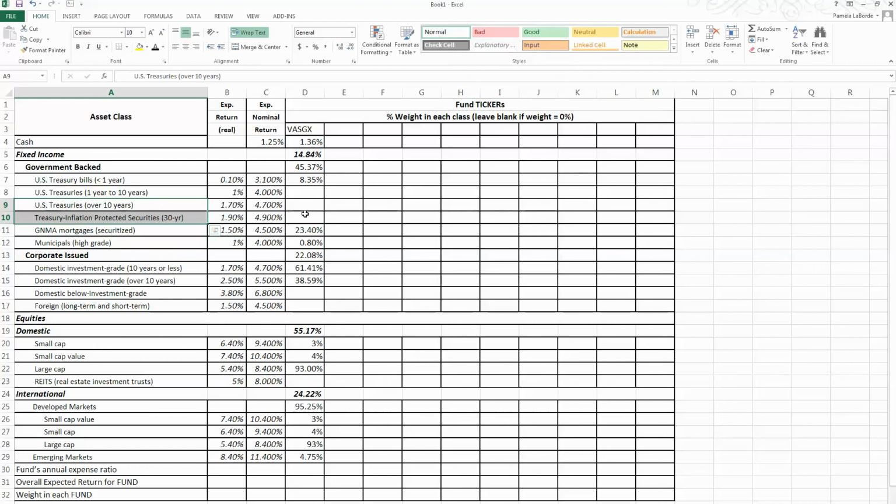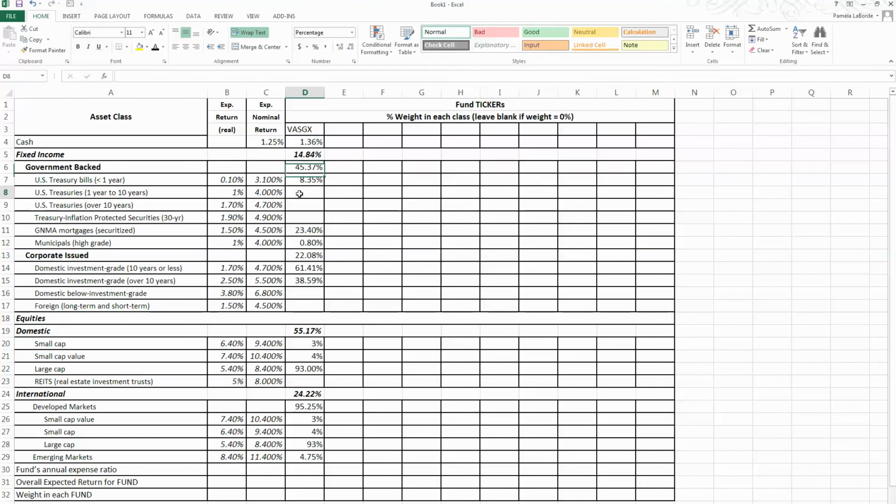So what I'm going to do is use the same breakdown between short-term and long-term that I used right here. So I'm going to say 61.41% of this 45 is short-term, and 38.59% of this 45% is long-term.